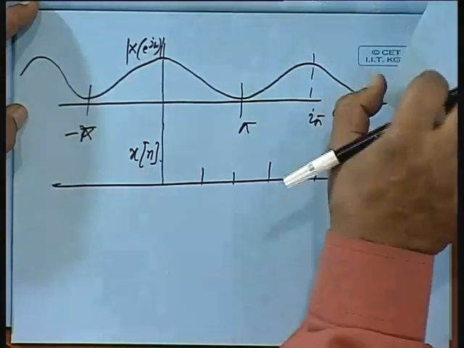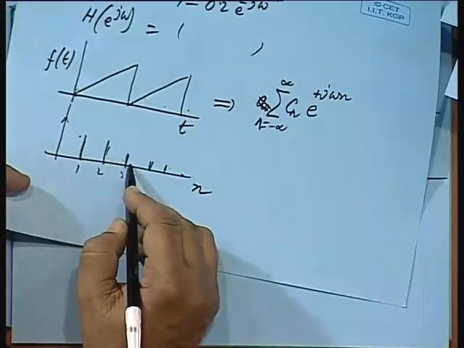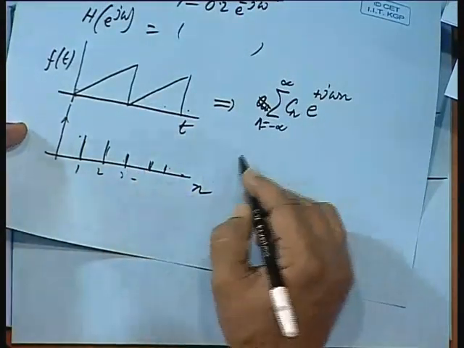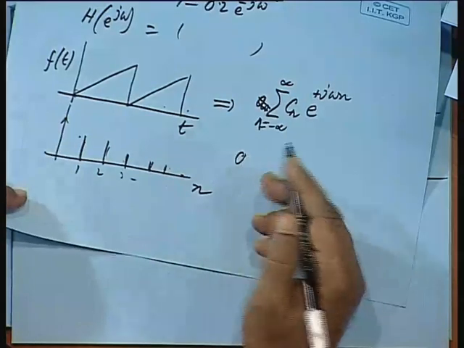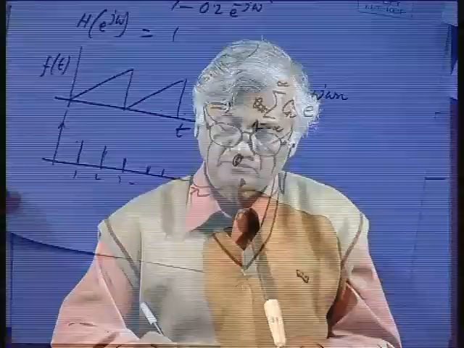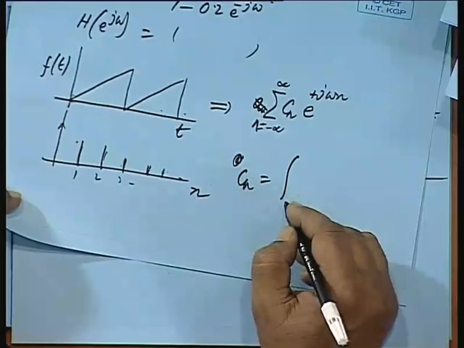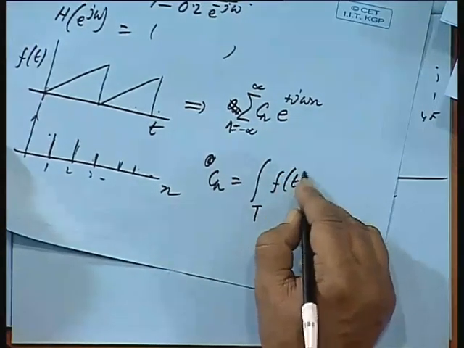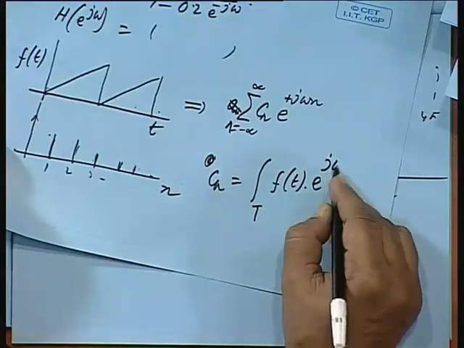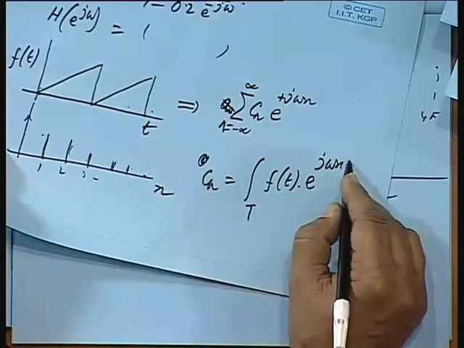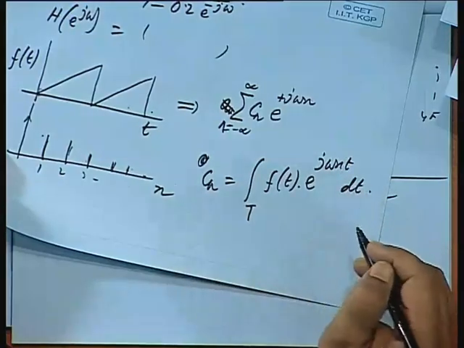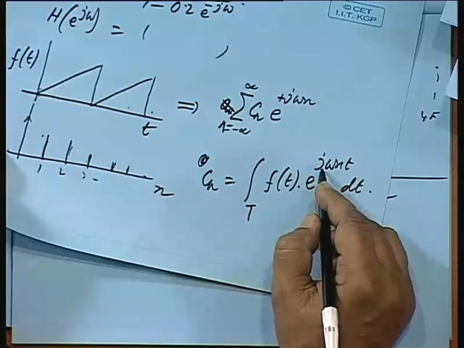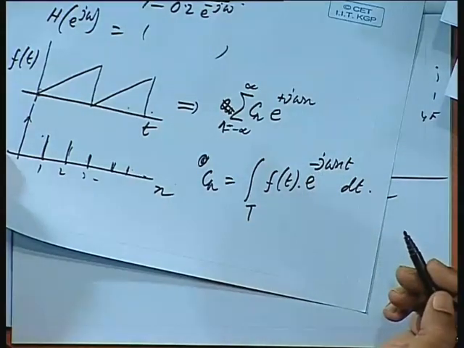All right. How did you compute these magnitudes in the normal Fourier series? You integrate, say, the ai's and bi's. How did you compute? Or complex Cn? Integration over one period, the function f(t), then e to the power plus jωnt dt. Was it plus or minus? Minus. Okay.